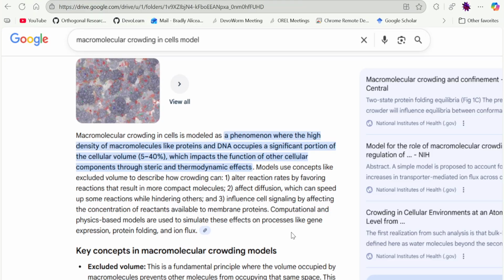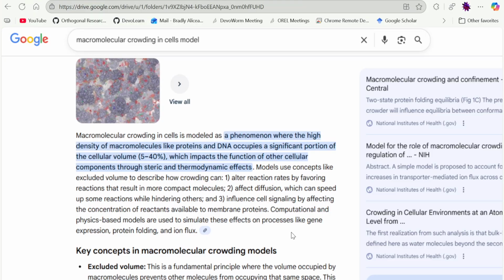Cell signaling is another part of this, where signals come into the cell from the receptors and go down into the nucleus, and then they affect gene expression or the metabolic state of the cell. But when you have this crowding in the cytoplasm, it's kind of like a cloudiness in the sky.